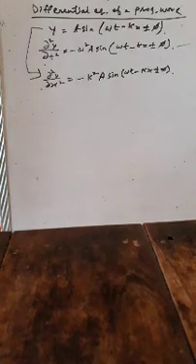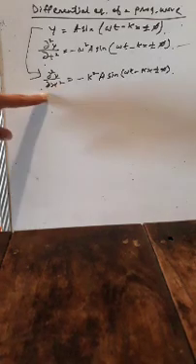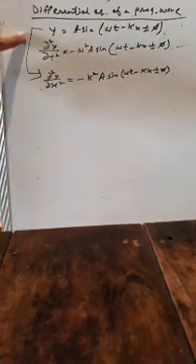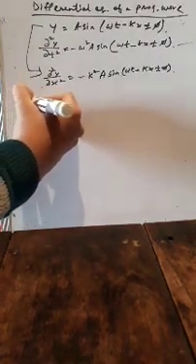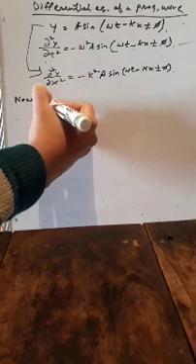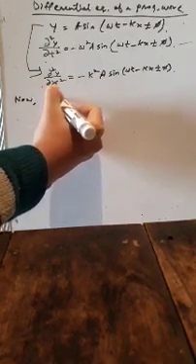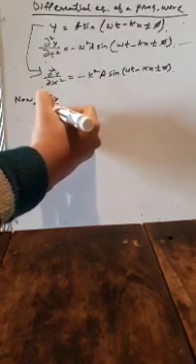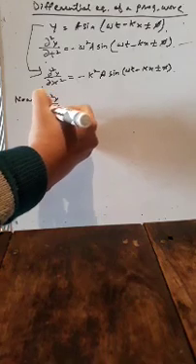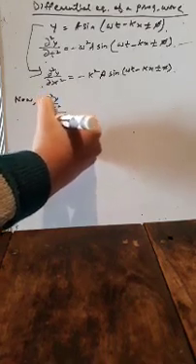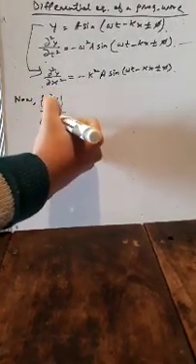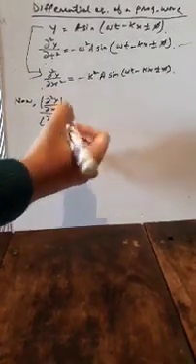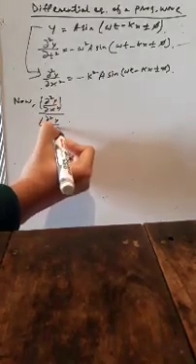Now we will divide this part by this part, that means del square y by del x square divided by del square y by del t square.